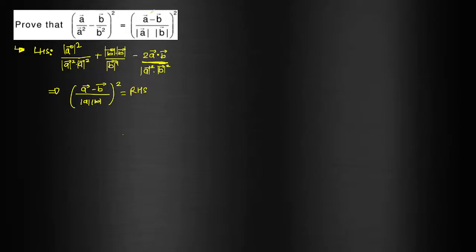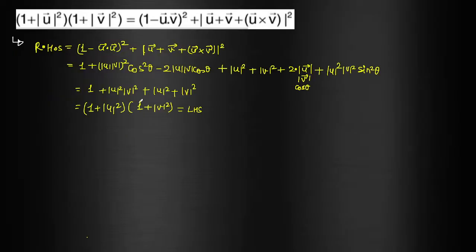If you do whole square on the LHS, when we took the LCM, we have to multiply with A square B square. So A square B square plus A square minus 2AB is (A minus B) whole square. So we got the RHS.